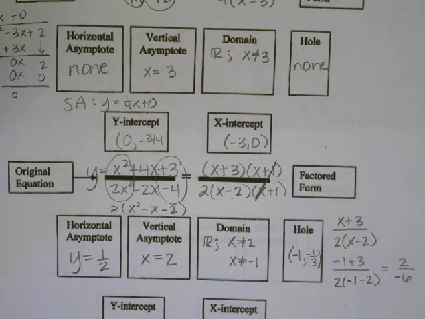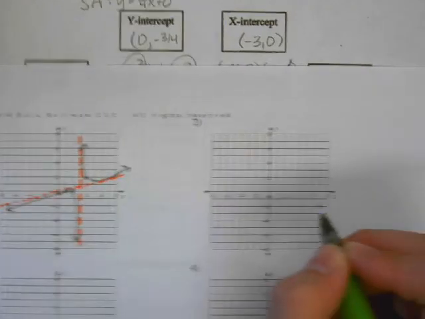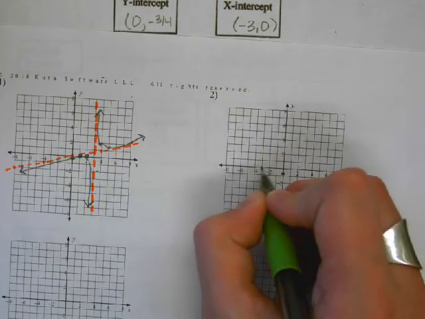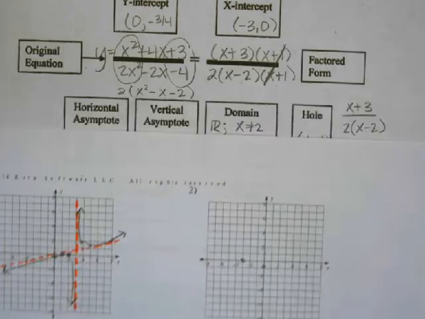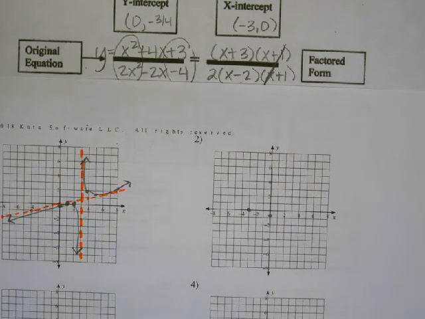All right, so I'm going to go ahead and graph all of this. I have a y-intercept of -3/4. I have an x-intercept of -3. I have a horizontal asymptote at +1/2.